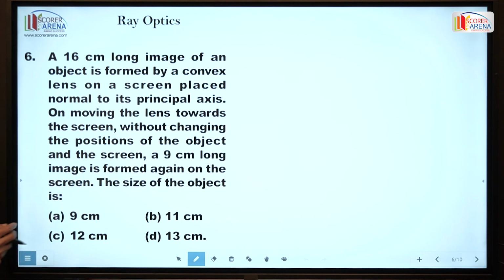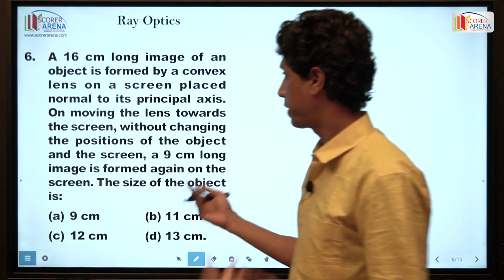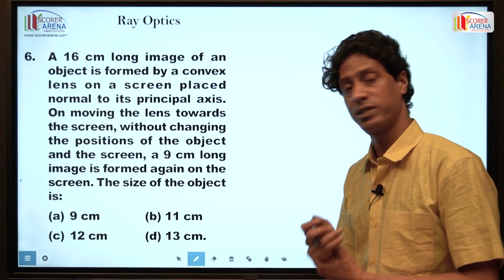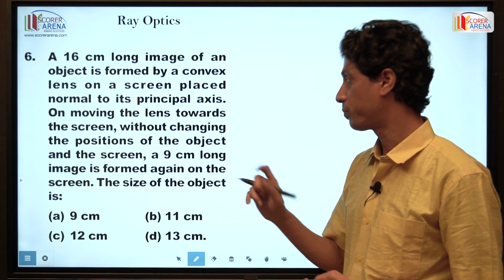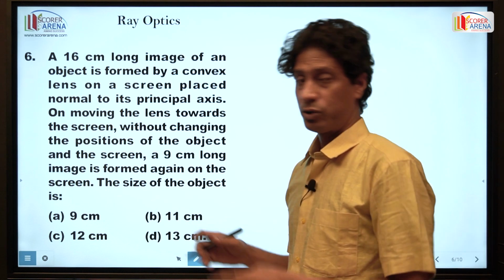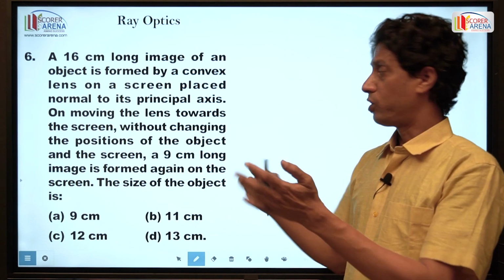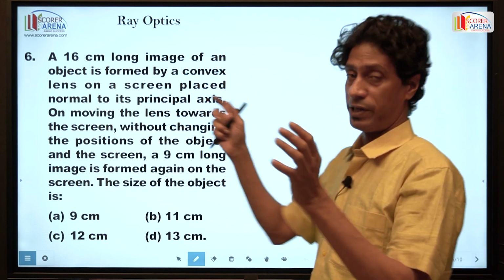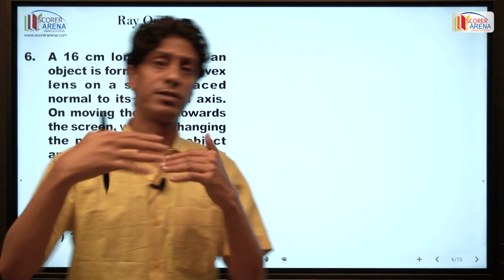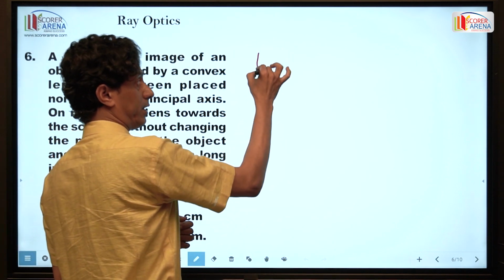Next problem: a 60 centimeter long image of an object is formed by a convex lens on a screen placed normal to the principal axis. On moving the lens towards the screen without changing the position of the object... This question is also asked on the same concept, that is, there is an object and a screen, and the lens is placed in between the object and screen, and two images form.